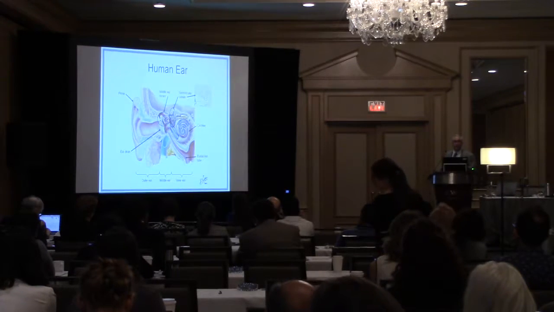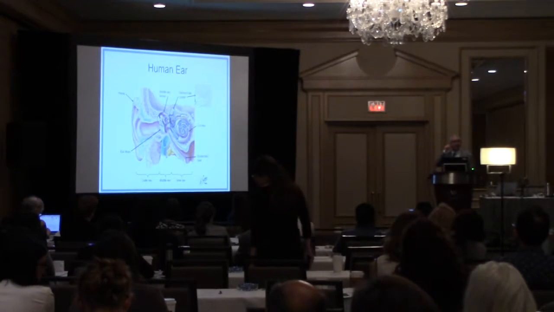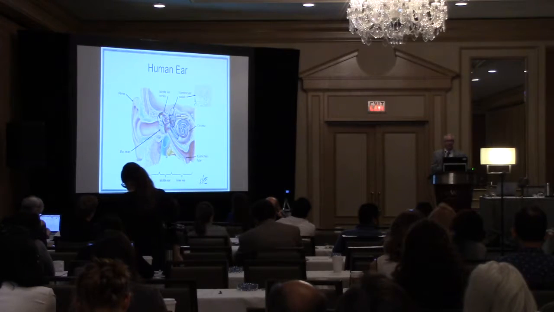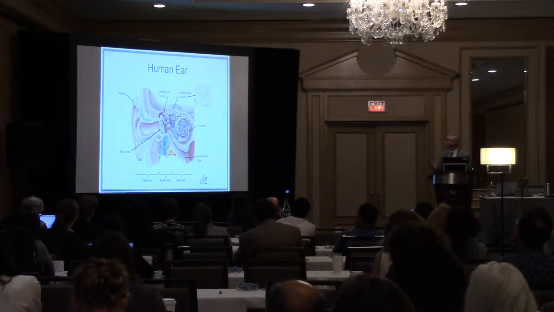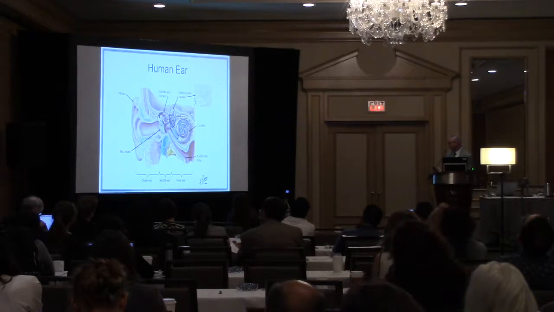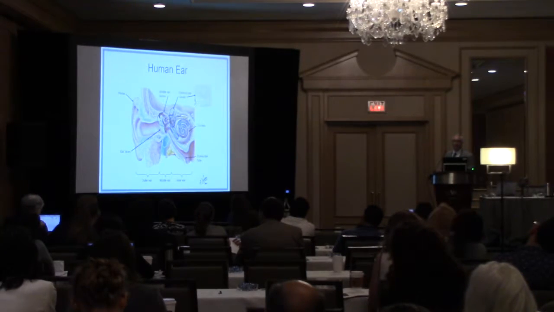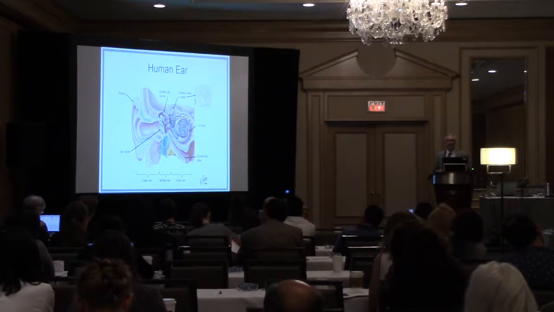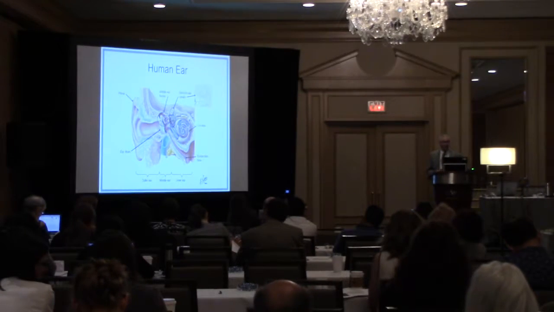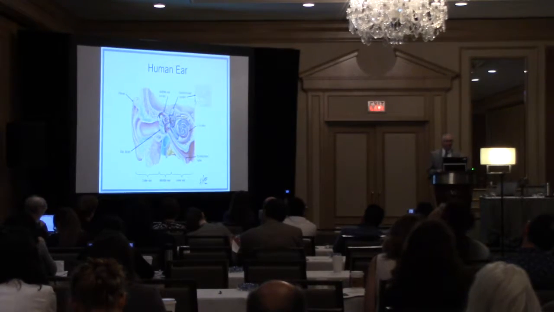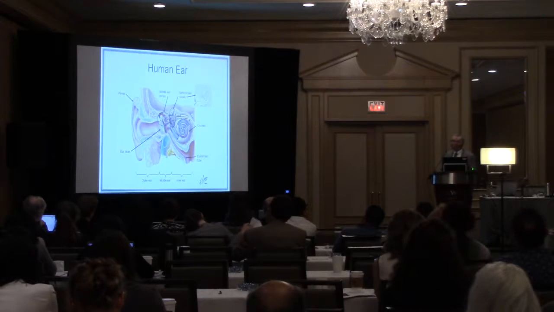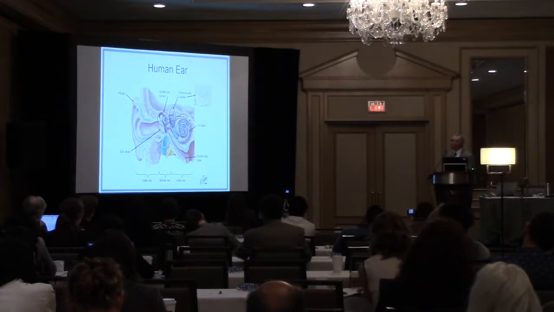And the outer ear starts with the pinna, and most people say the pinna funnels sound into the ear canal. Well, actually it does a whole lot more than that. The curvature that we see in the pinna ear functions as a delay and add filtering network that produces a comb-filtered sound. And I'm pretty sure we could have seen a comb-filtered sound on the spectrogram that was up here for the last presentation.